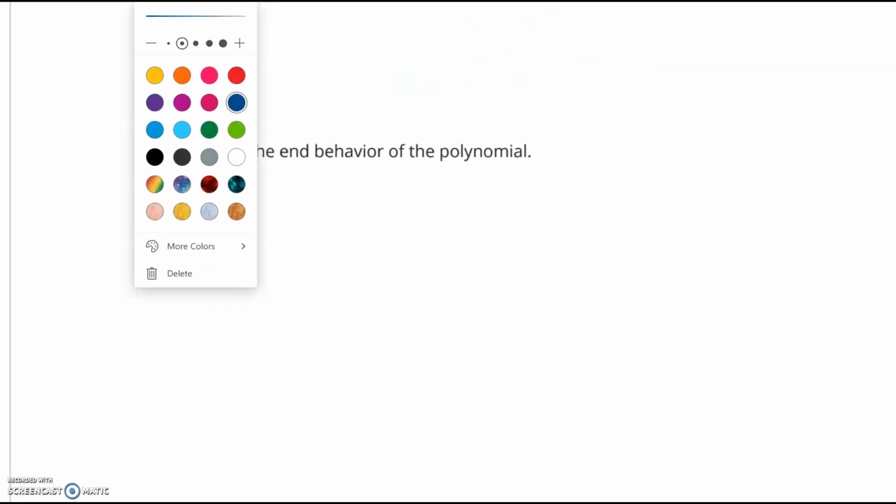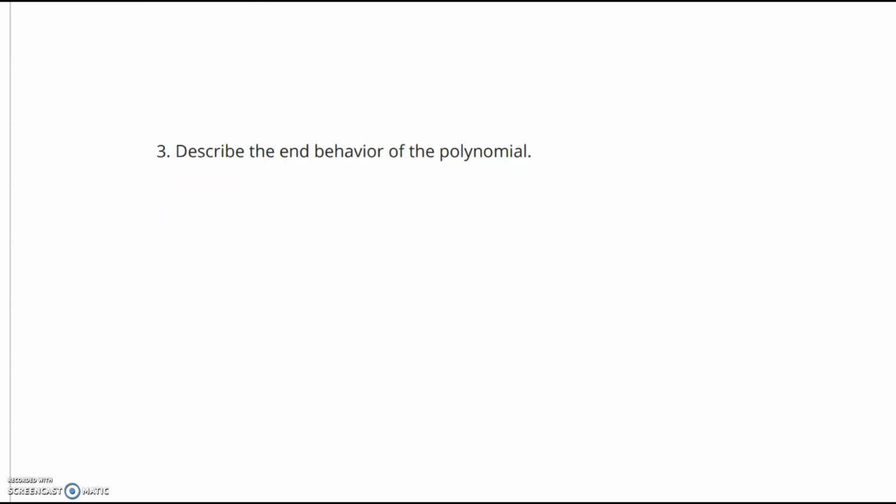So I'm going to write the polynomial out here just to make sure we have it, and it is y equals 2x to the fifth minus 5x to the fourth minus 30x cubed plus 5x squared plus 88x plus 60.